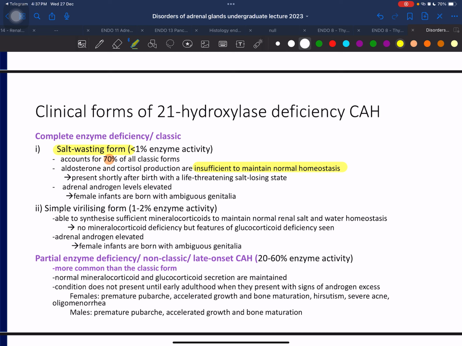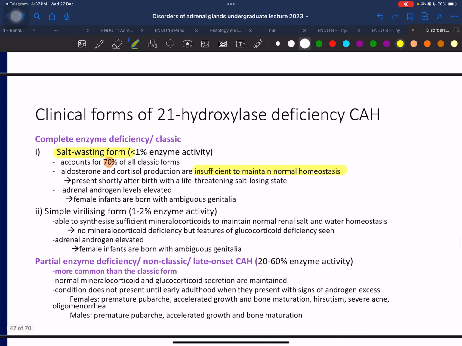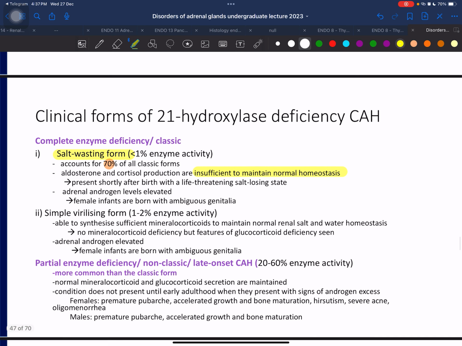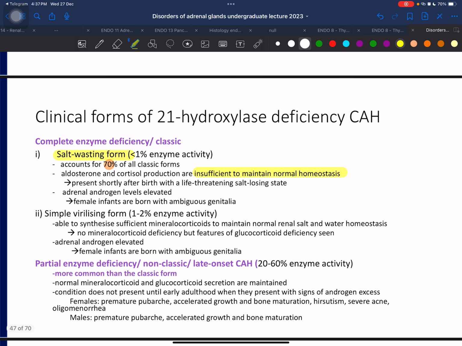Okay? Things like that. In female infants, it's usually detected much earlier because of the virilized external genitalia. But usually in all infants, within the first day of life, you noted the patient to have hypotension, poor feeding, hypoglycemia, irritability. All this tells you that this is one of the possibilities.